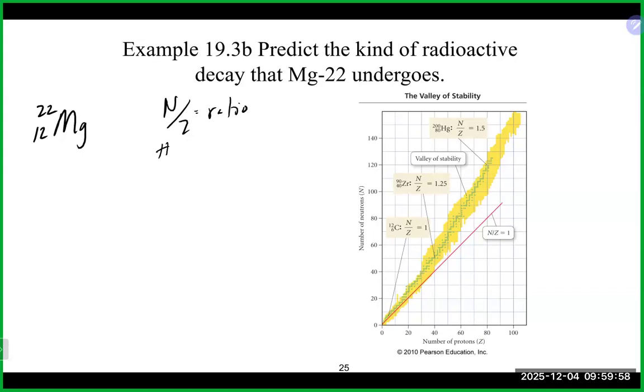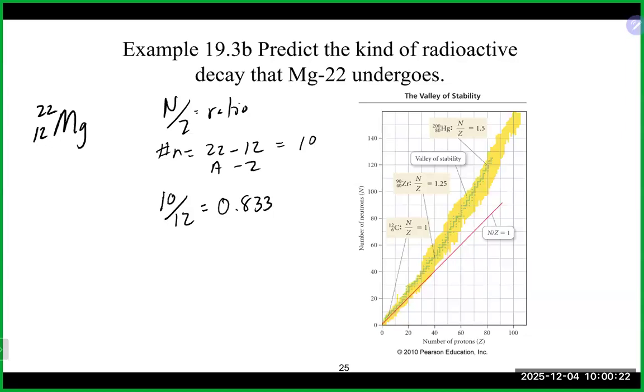So number of neutrons is our mass number, which is 22, minus our atomic number, right? So our A minus our Z, right? And that's going to give me, I believe, 10 if I did the math there. And that means that my N to Z ratio would be 10 divided by 12.